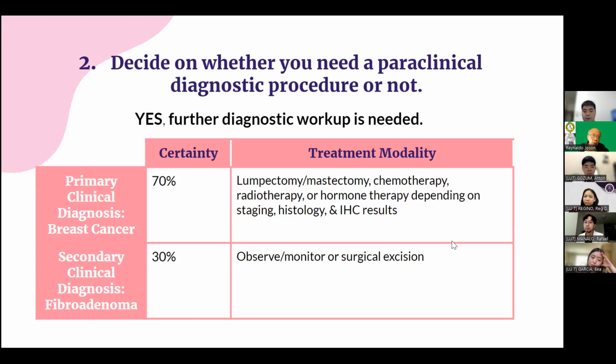So basically, TB versus breast cancer, anong treatment for TB? Anti-TB meds, sir. HRZE po. HRZE therapy. Okay? And then, or pwede ding excision, di ba? Kasi may nipple, di ba? Nipple inversion, gano'n, no?